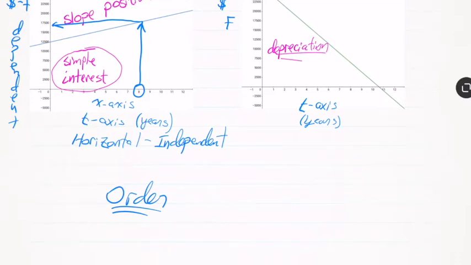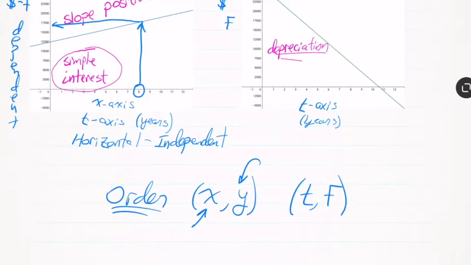The order that we normally choose is x comma y. The two graphs above are actually t comma f. So the independent variable is the first variable, and the dependent variable is the second one. So over here, the independent variable is time, and the dependent variable is future value.